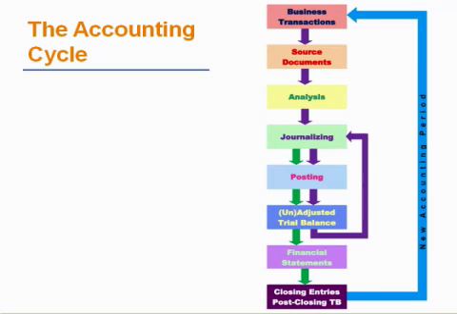After analyzing, we would journalize the transaction, and we've just done a little example of journalizing. We record the transaction in the general journal by debiting and crediting the appropriate amount. We would also be posting these journal entries into our T account as we've worked through. The T account balances are carried over to something called a trial balance.